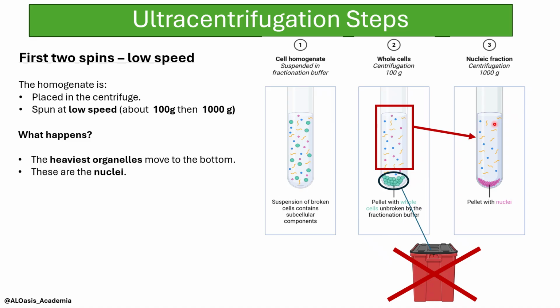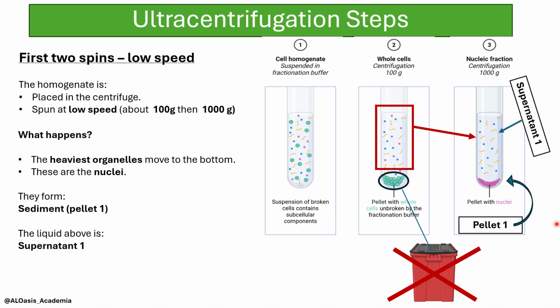So since we would have a lot of cells that were broken in the homogenate, we would have the nuclei of many cells, and that's why all the nuclei within the supernatant will be pelleted and precipitated at the bottom when we spin the centrifuge at 1000 G.